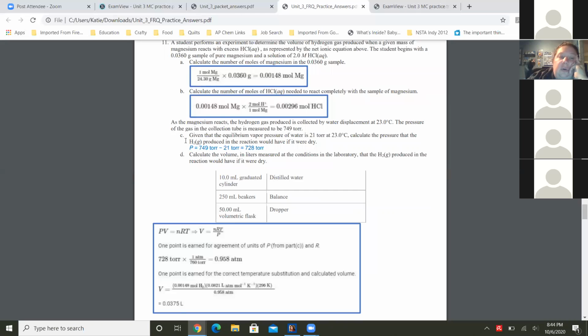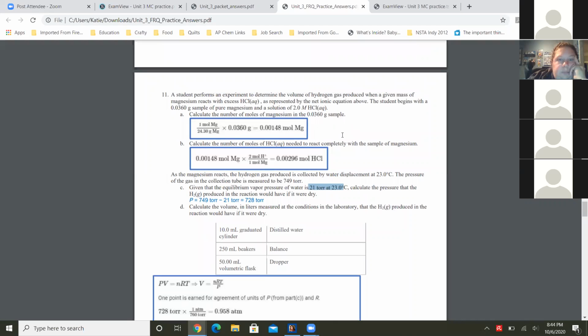So in C, they give us the vapor pressure of water at that temperature, and we know the overall pressure is 749 torr. So 749 torr minus the vapor pressure of the water is going to give me just the pressure of that hydrogen gas.